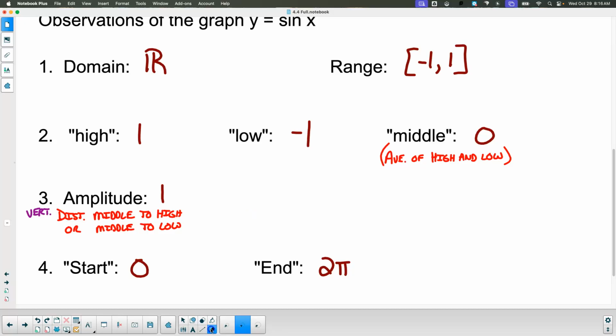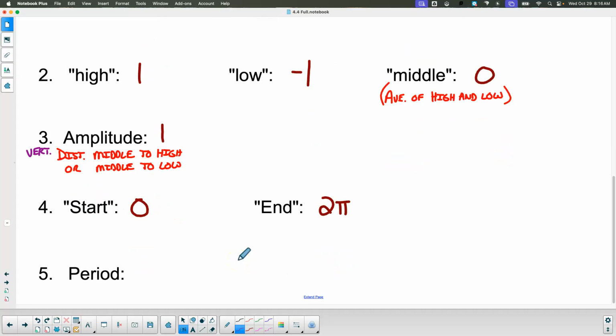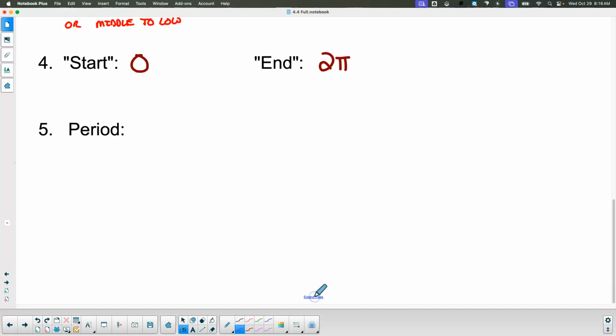Which means that my period, that is my horizontal distance start to end, is 2 pi.